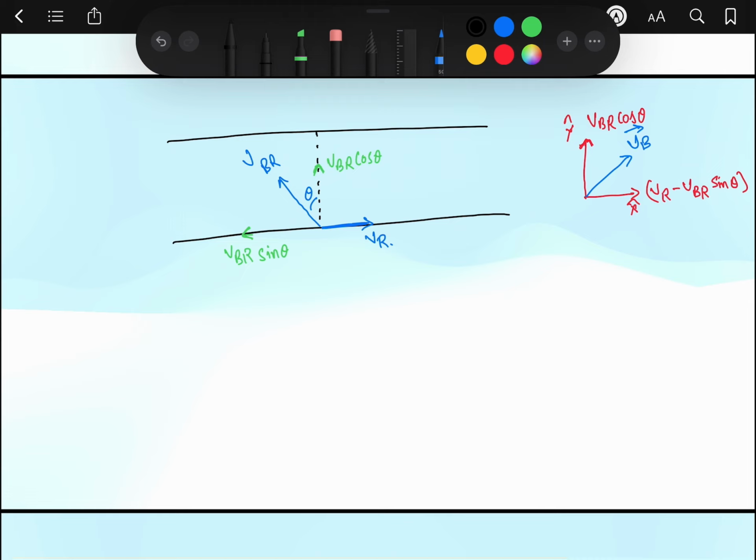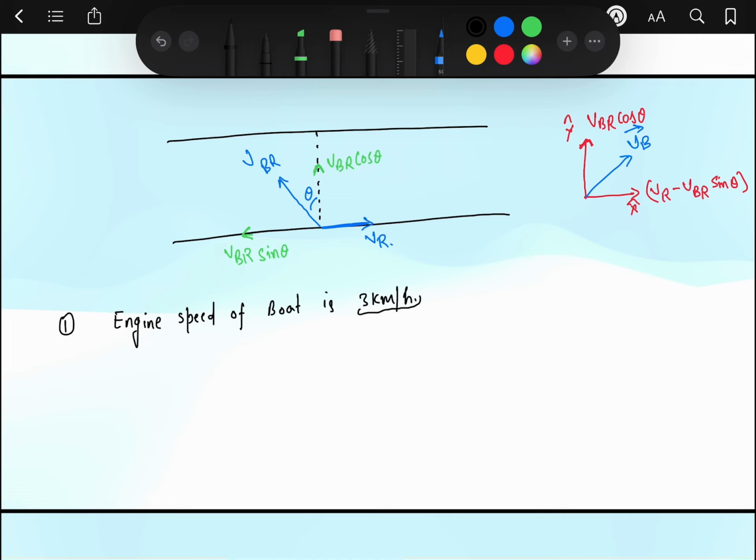Our first point is, if it is given in the question like engine speed of the boat is 3 kilometer per hour, then what is this 3 kilometer per hour among velocity of boat VB, velocity of river VR, and velocity of boat with respect to river?